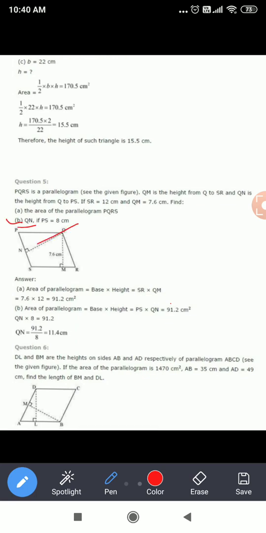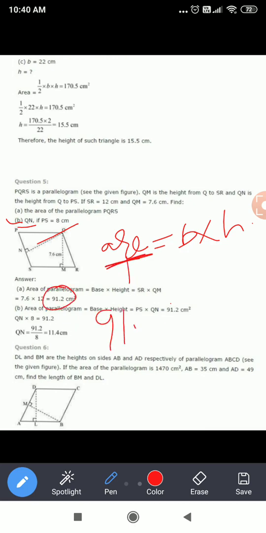the height. See, area of the parallelogram is equal to base into height. Area of the parallelogram we have got as 91.2. So, it is 91.2. And value of base, that is PS, for the height QN. For height QN, what is the base? PS. Understand, for height QN, base is PS.